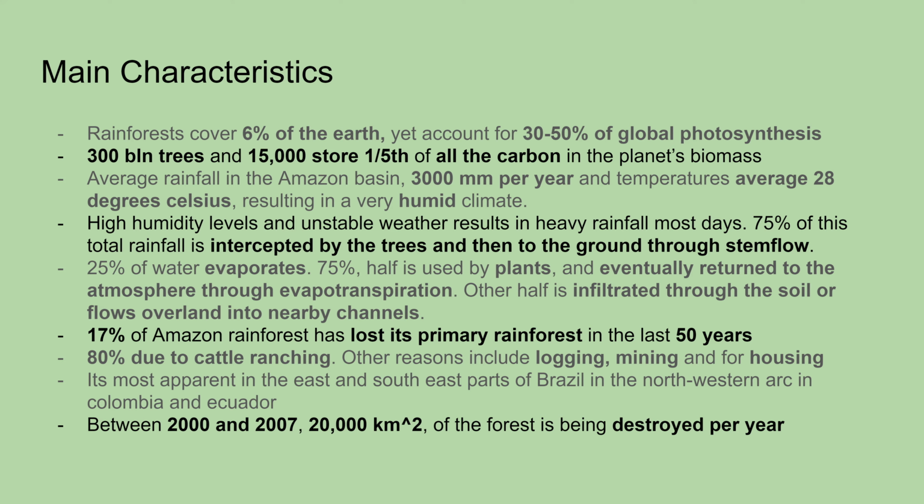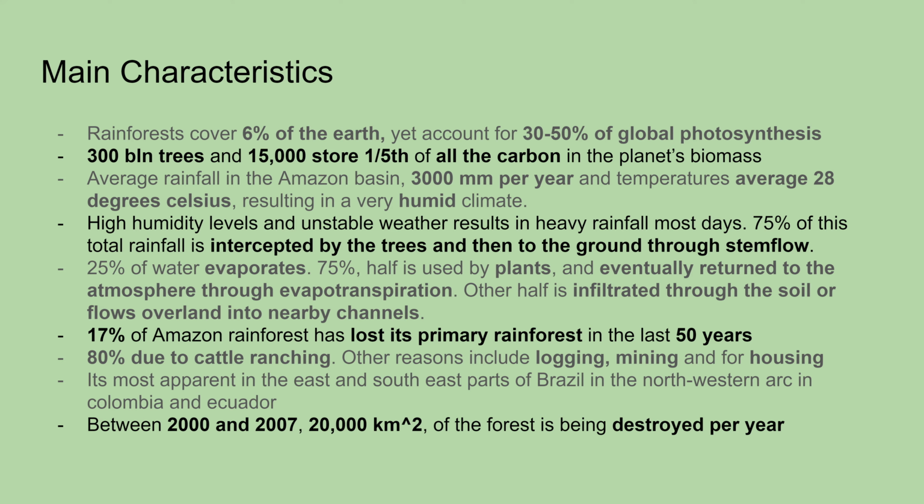So 17% of the Amazon rainforest has lost its primary rainforest in the last 50 years. 80% of this is due to cattle ranching. So like 80% of the land that's been cut down is used for cattle ranching. And other reasons include logging, mining, and housing, and also transport, which I didn't put in there.